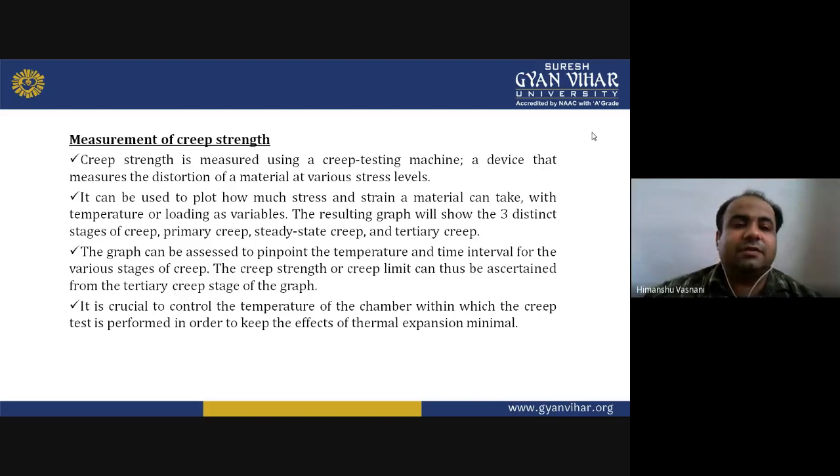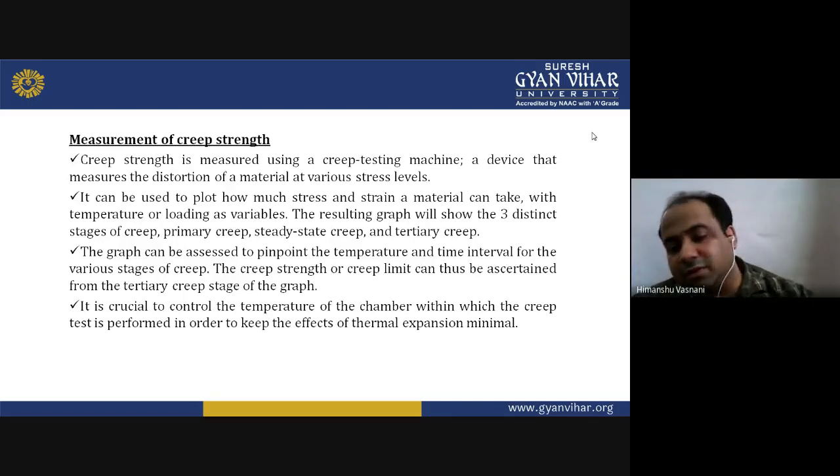The resulting graph will show three stages of creep, namely primary creep, steady state creep, and tertiary creep. The graph can be assessed to pinpoint the temperature and time interval for the various stages of creep. The creep strength or creep limit can thus be ascertained from the tertiary creep stage of the graph.